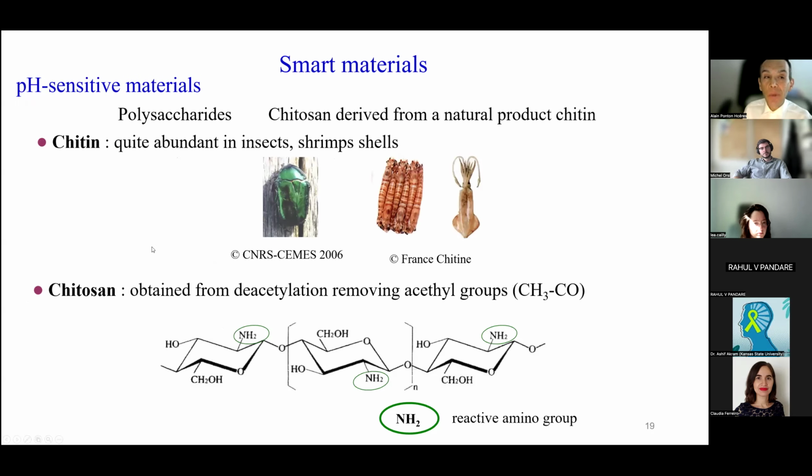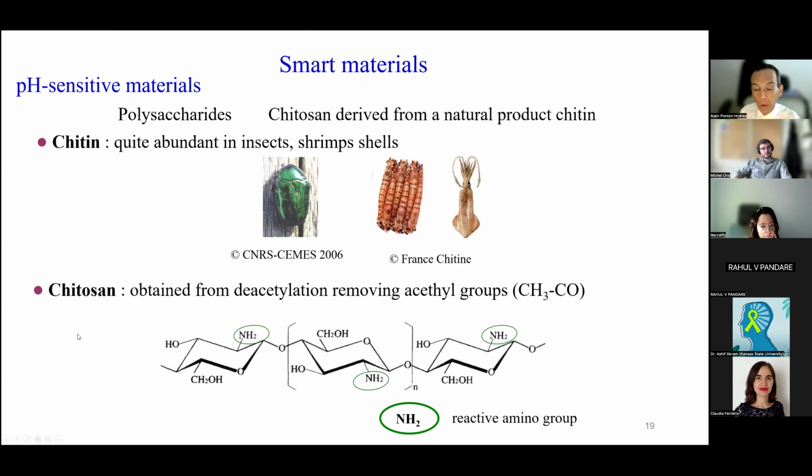Another example of pH-sensitive materials is this kind of polymer, which is called chitosan. Chitosan is obtained by deacetylation of chitin, and mainly chitin is extracted from insect and shrimp shells. And here you can see that chitosan bears amine function. So in a specific condition of pH and temperature, you can have a protonation of this function.